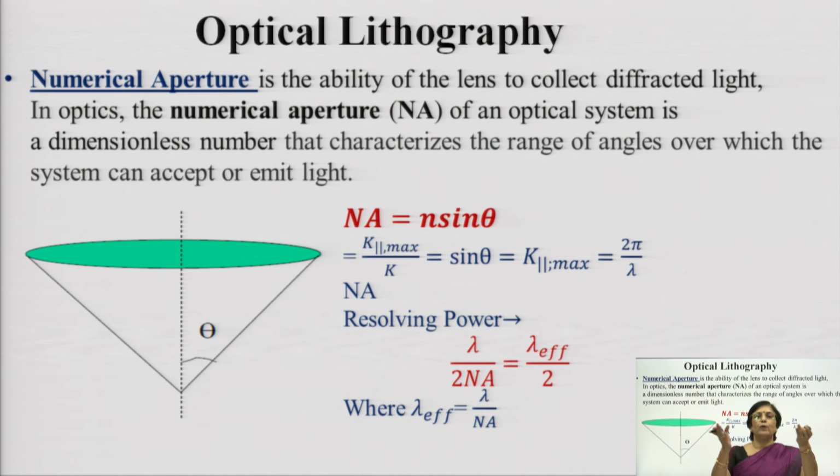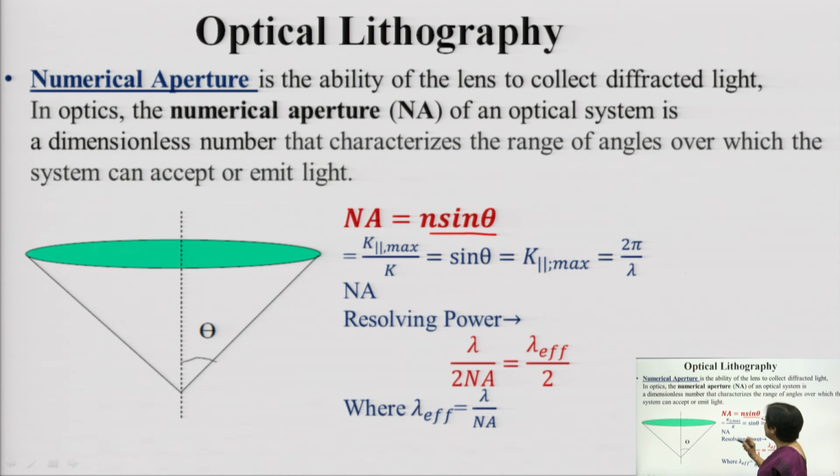That means, over a range within which it can produce the pattern, you can use that beam to write or expose the PR, so that the pattern will be successfully transferred. And this numerical aperture is calculated as n sin theta.